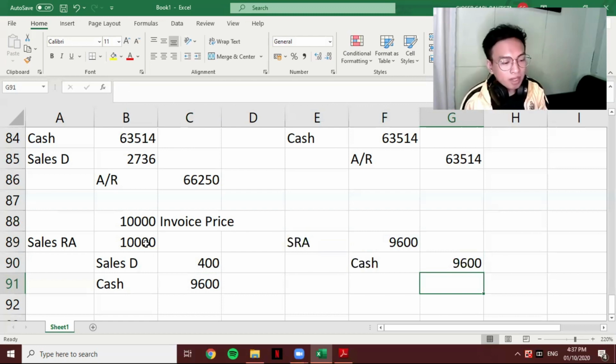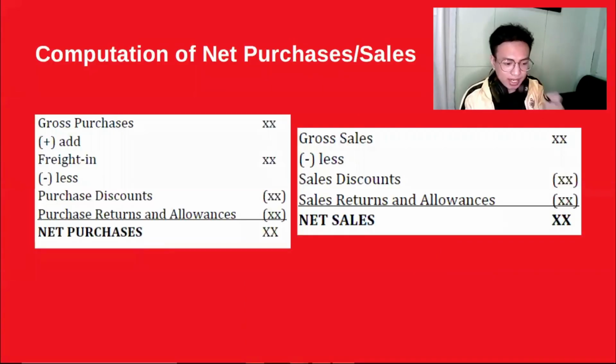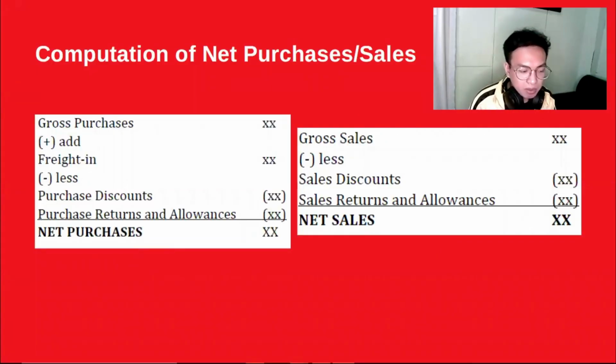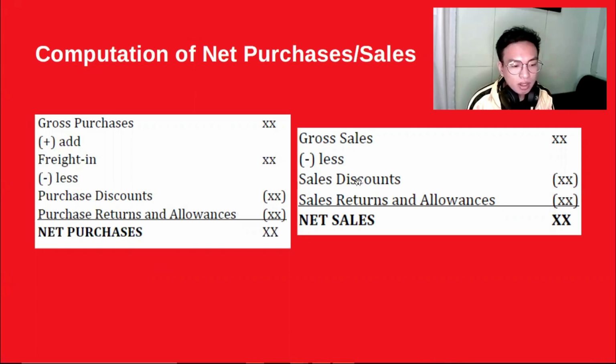Now, from there, you can get this one. Ito yung gusto lang natin makuha: the net sales and the net purchase para makapag-compute ng gross profit. Because you have to get the net sales, which is the gross sales without the discounts and your returns.